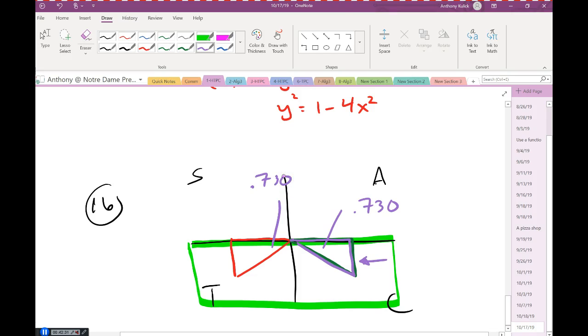Same thing, right? And now I'm caring about this actual angle. So if I add pi to that, there you go.